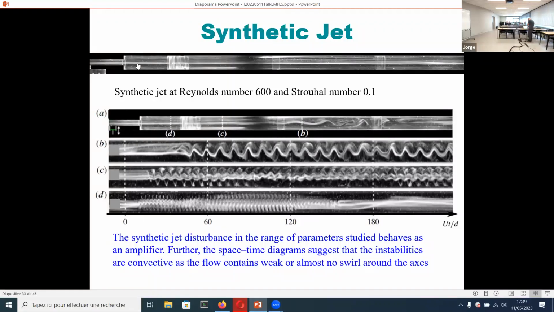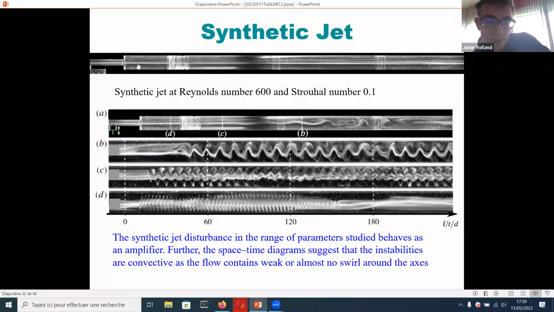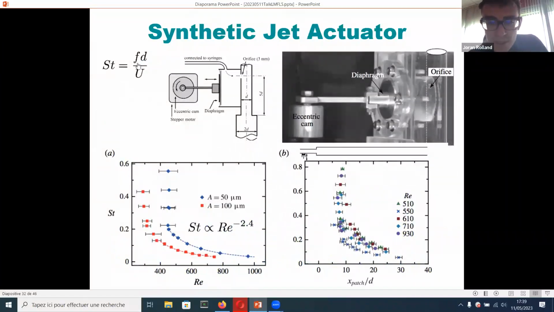Did I say that? Because you show curves that depend on the amplitude, and I was wondering whether you could see a pattern if you have an infinitesimal amplitude disturbance. If you have a small amplitude disturbance, the curves will shift to the right, and it will eventually reach the linear stability limit. Yes. Okay.